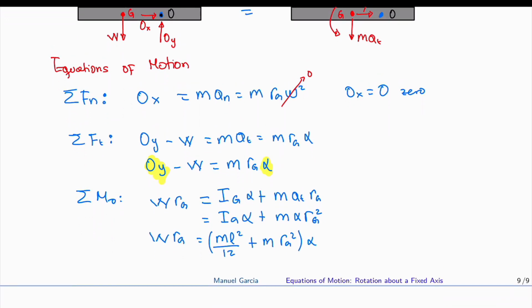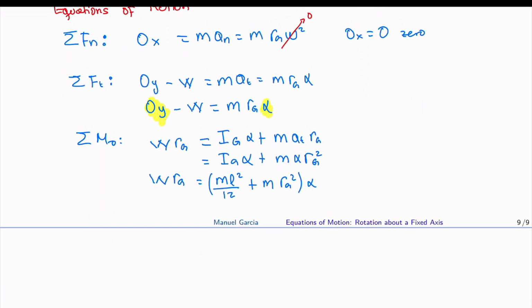So in numbers, we have the weight, and the weight is the mass, which is 15 multiplied by 9.81 multiplied by Rg.